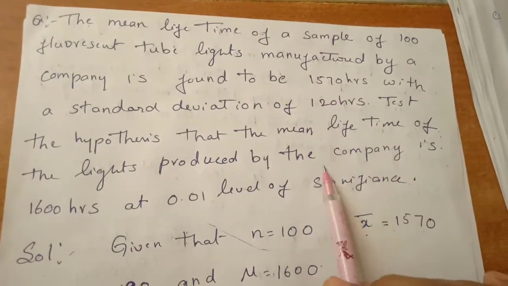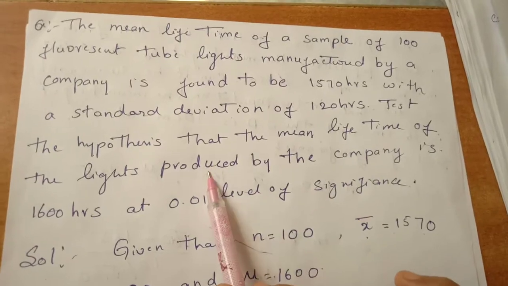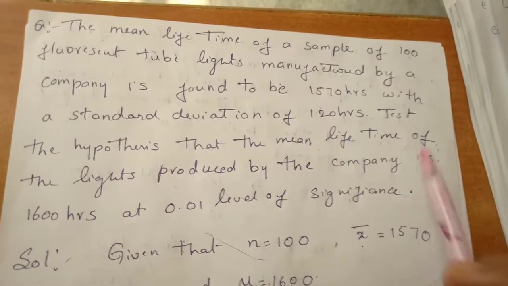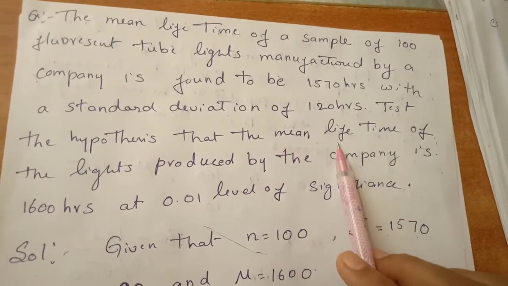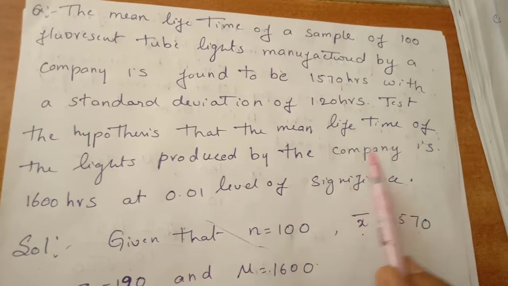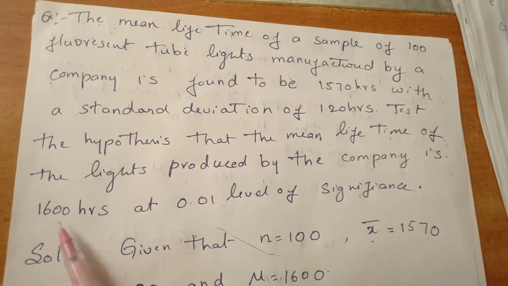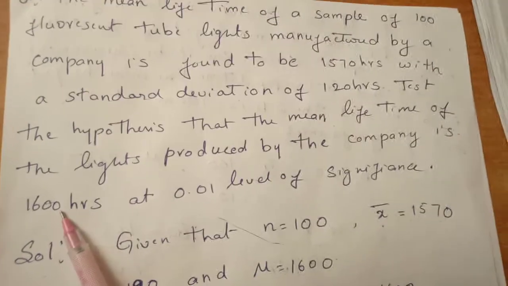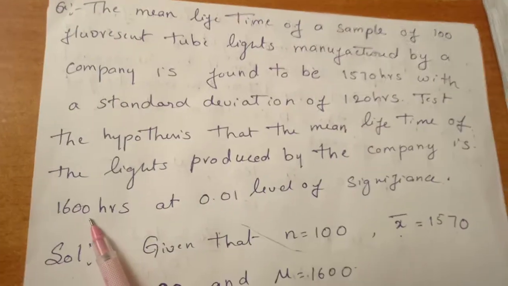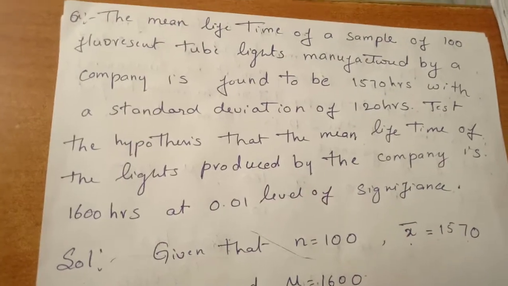But what is the hypothesis we are telling? Hypothesis means our assumption is that the mean life of the lights produced by the company is 1600 hours. Either we have to accept this hypothesis or reject this hypothesis. We have to test that.